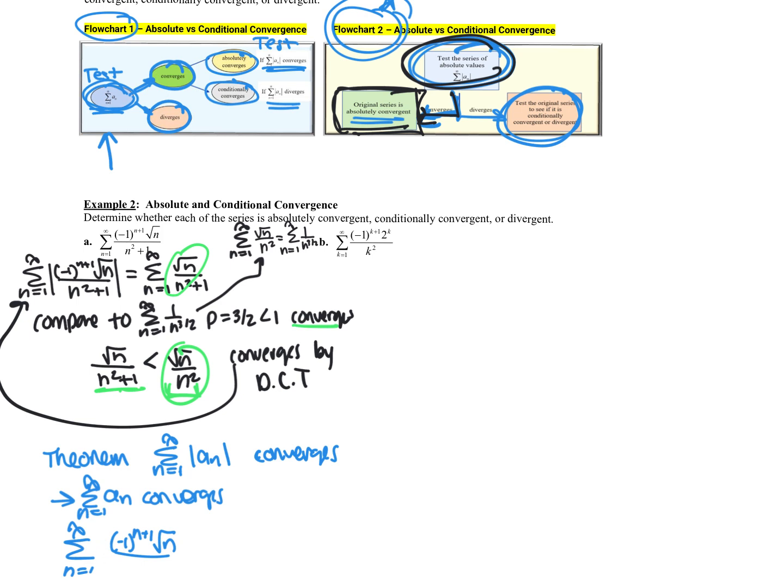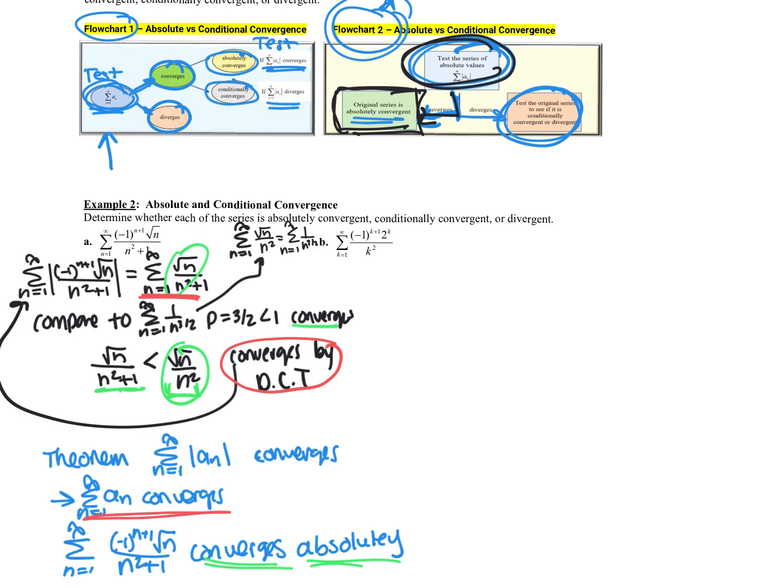Sorry, no absolute value here. The original series converges absolutely. Because both converge. The absolute value converges, and because of our theorem, we already know that the non-absolute value converges.